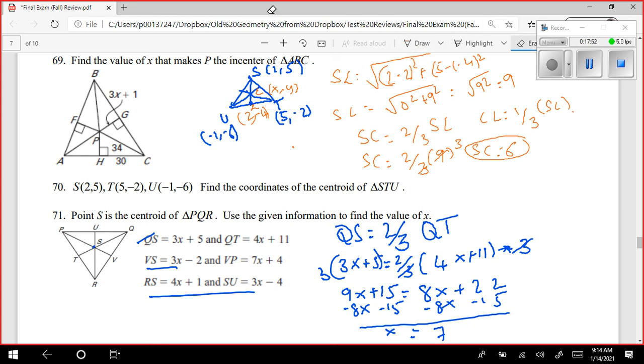So I can call this (2, y), and we can use the distance formula from S and C and find the y coordinate. So SC is nothing but the square root of (2 minus 2) whole square plus (y minus 5) whole square.